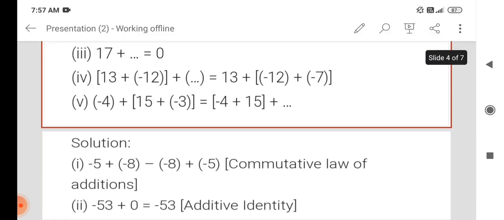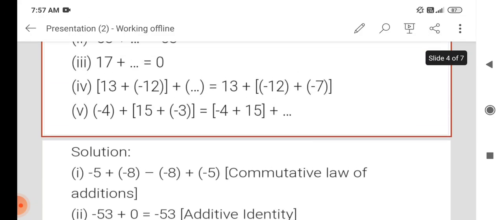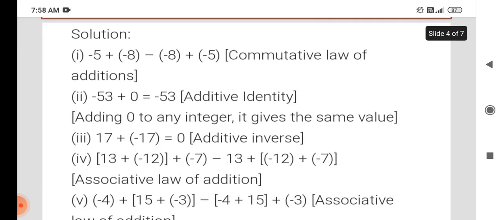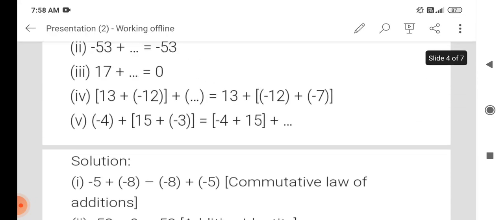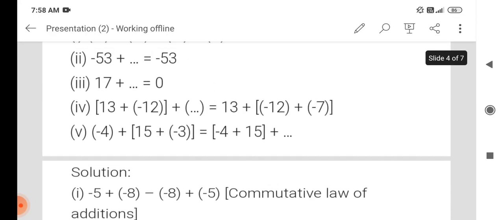And the second is 13 plus 12. Which digit is missing here? Here minus 7 is missing, so that's why I put minus 7 here, and its property is the associative law of addition. Next is minus 4 plus 15 plus 3.